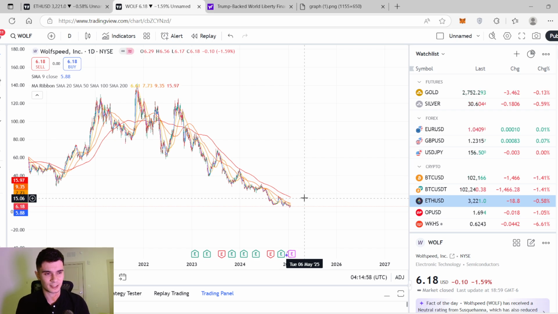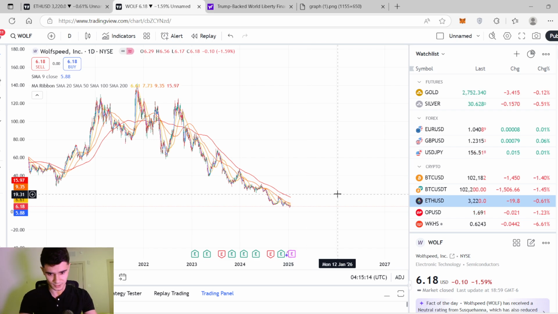I think they have like 1.6 billion in cash. They also have very strong revenue because they do make products and they have actual revenues and they're constantly improving. So if you guys want some type of penny stock that potentially might go very high, this might be a good opportunity.